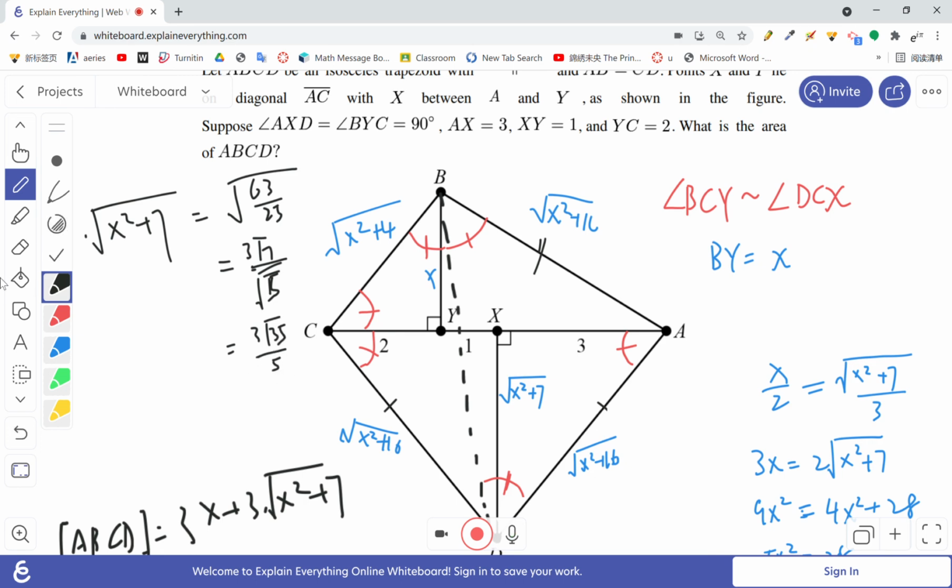Now x is just equal to 2 root 7 over root 5, which is just equal to 2 root 35 over 5.